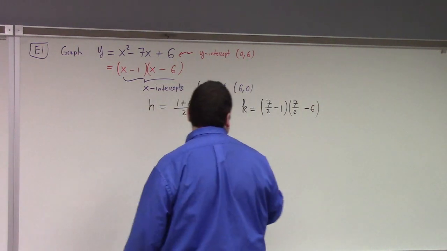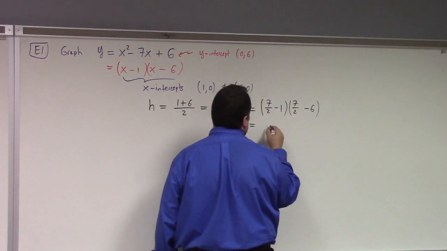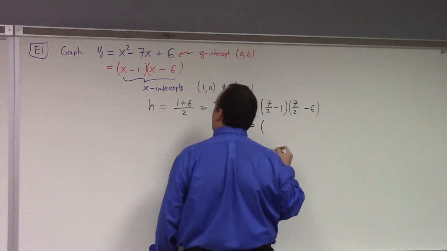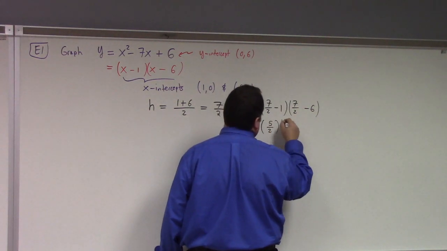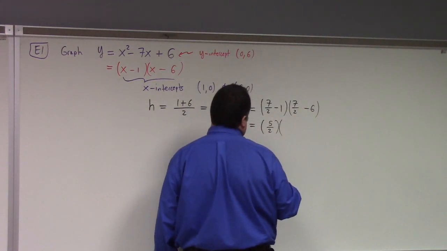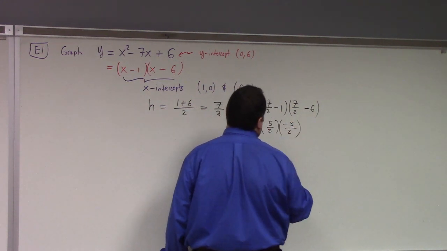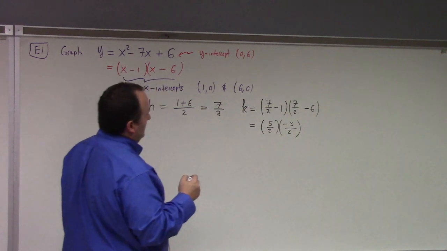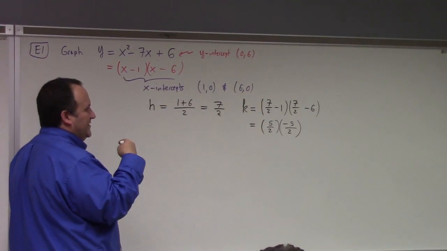which is like a fraction. So we're up against 5/2 times minus 5/2, I think. Is that right? 7 minus 12 is minus 5, yeah.